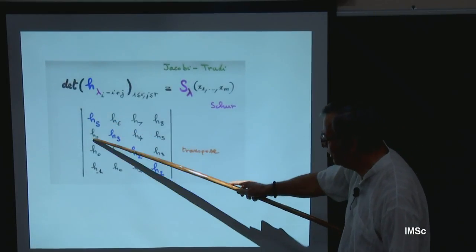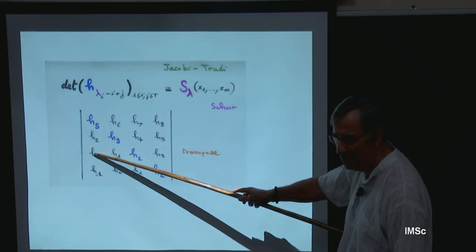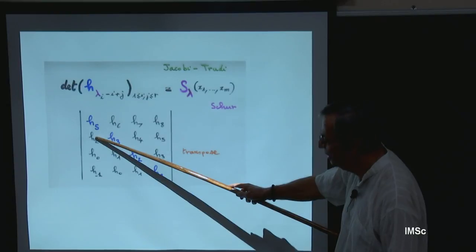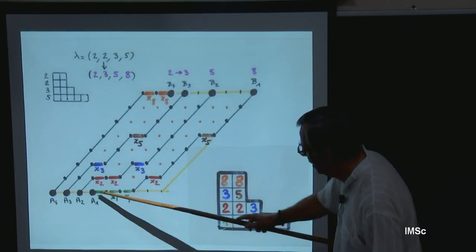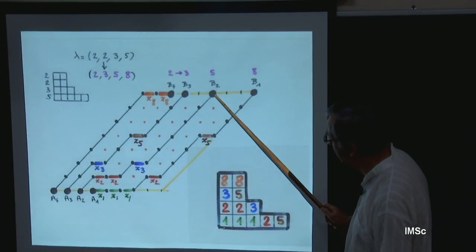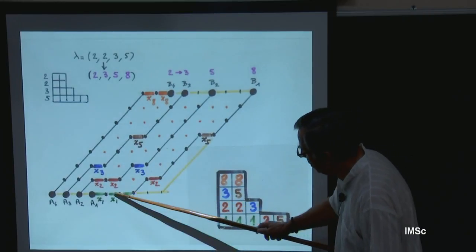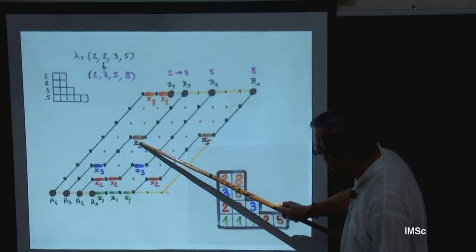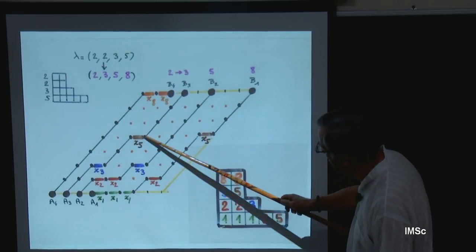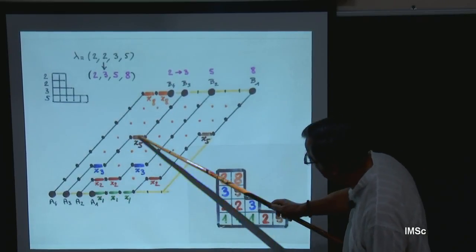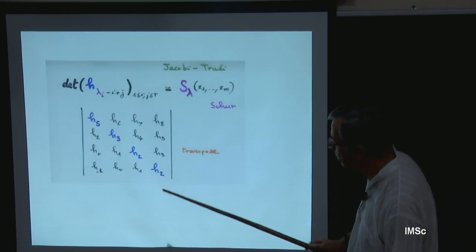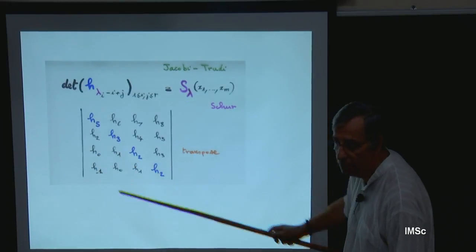So A1 to B2 should be this, A1 to B3 should be this, and A1 to B4 should be this. Here I have only 2 levels, here 0 levels. So A1 to B2, I will need only 2 variables. A1 to B3, I will have 0 variables, and then it's impossible, A1 to B4. So you can check that this gives you this.